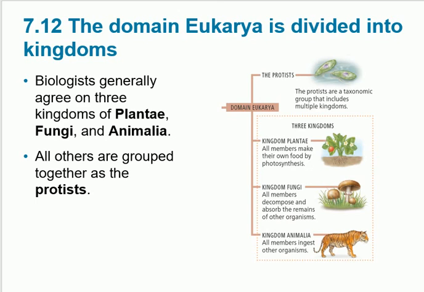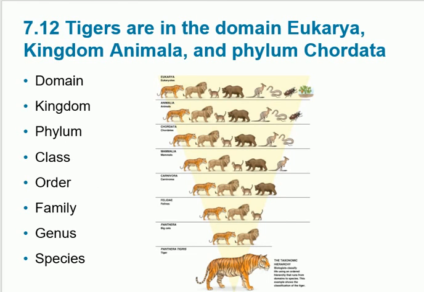Everybody agrees on it. But for the rest, there is a discussion about it, so they put everything else as a protist without going through the details. Okay? So we have three kingdoms that everybody agrees on: kingdom Plantae, kingdom Fungus or Fungi, and Animalia. Other than that, any other kingdom, whatever it is, is a protist.